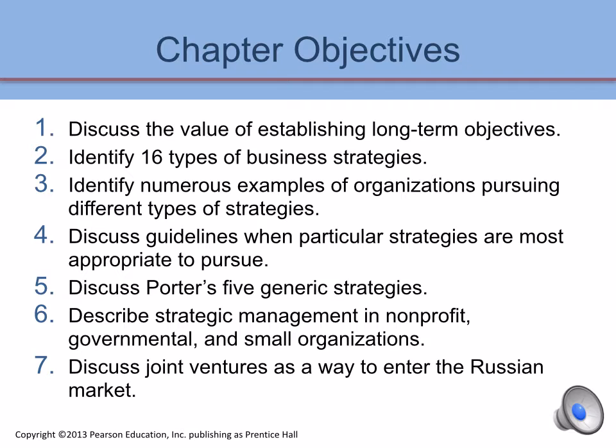In Chapter 5, we bring strategic management to life with many contemporary examples. In Part 1, I will discuss different types of strategies, and in Part 2, I will discuss Michael Porter's generic strategies. Guidelines are presented when different types of strategies are most important to pursue.